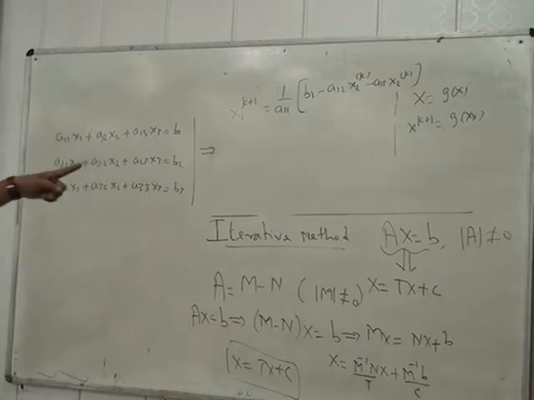That's all. This is my scheme, written now in terms of iterations. First I will write x1, then x2, then x3. Is it clear or not?